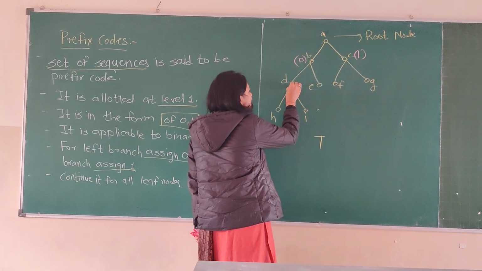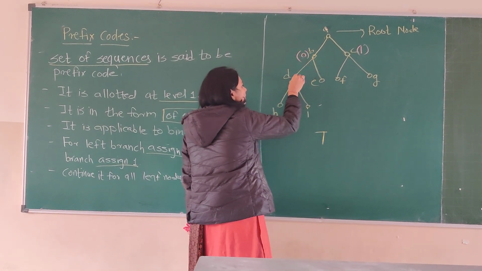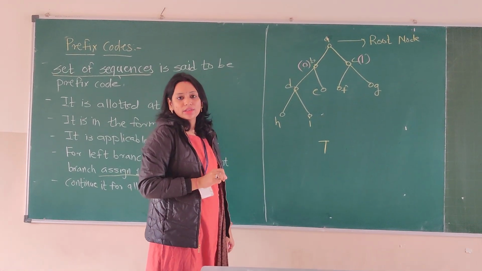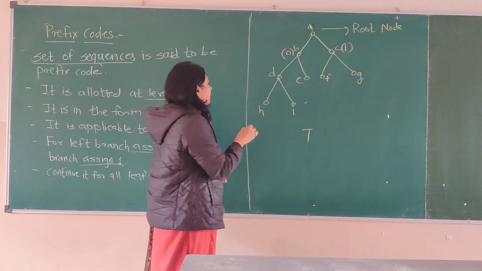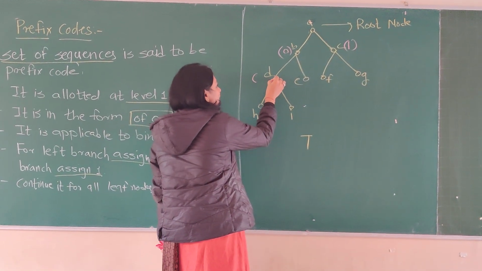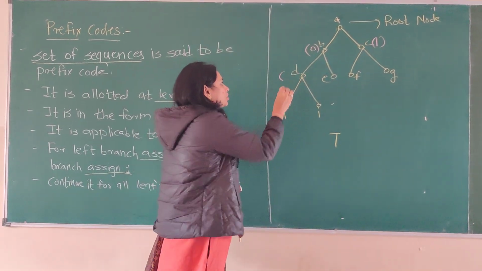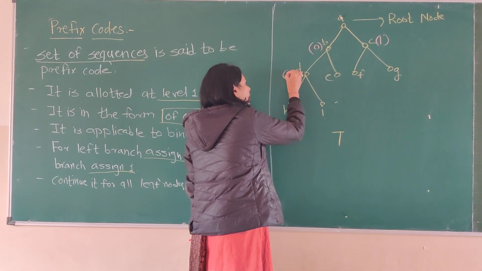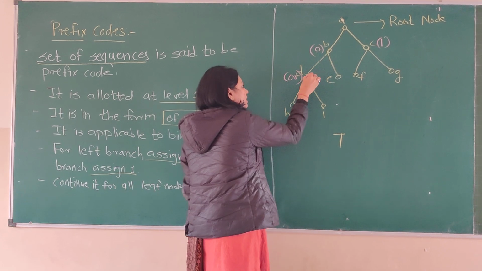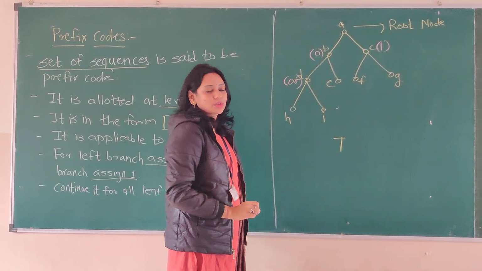Now talking about B. D is the leftmost vertex of B. So this is level 1, this is level 2. You will continue this 0 and you will assign one more 0 as it is the leftmost branch.